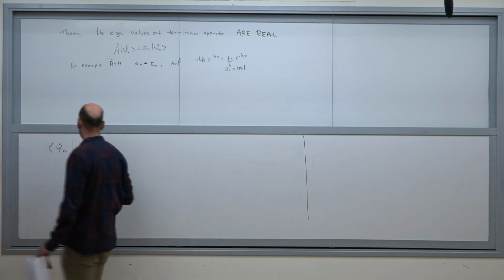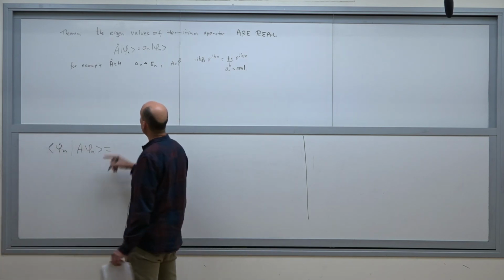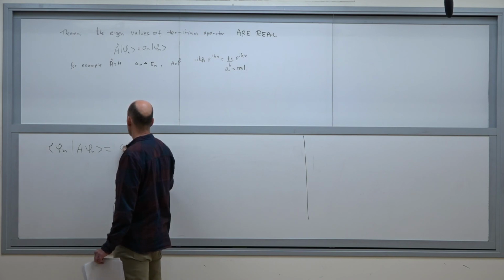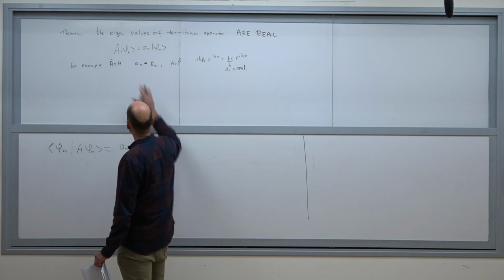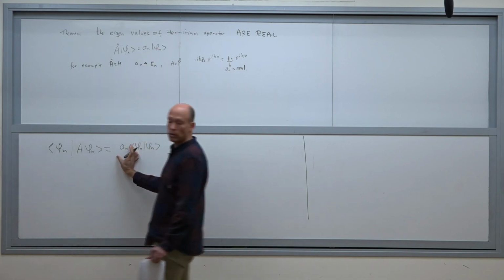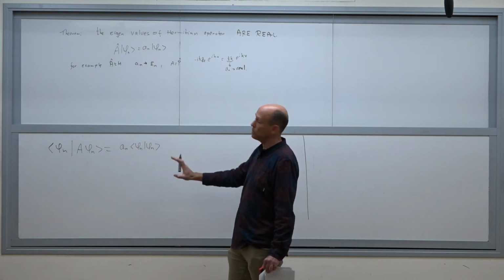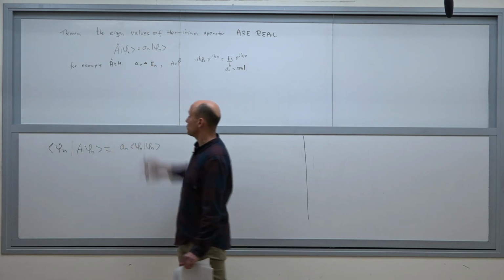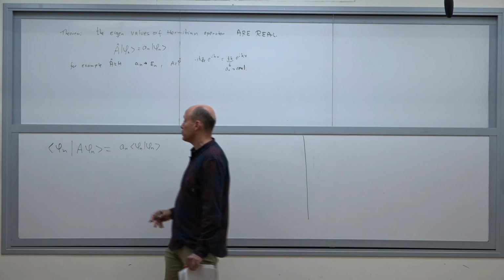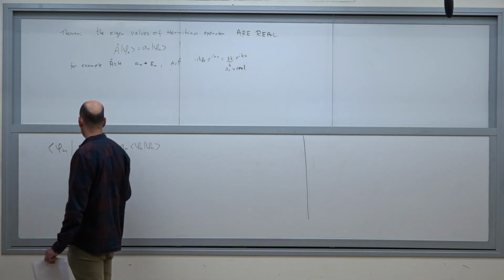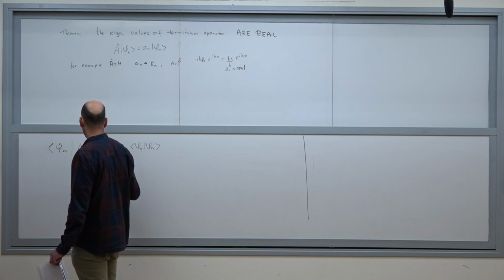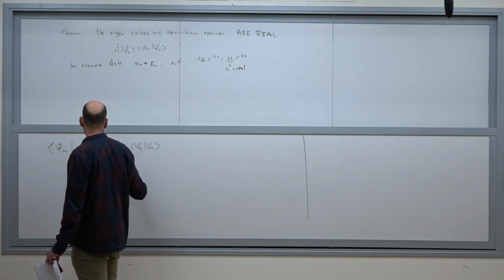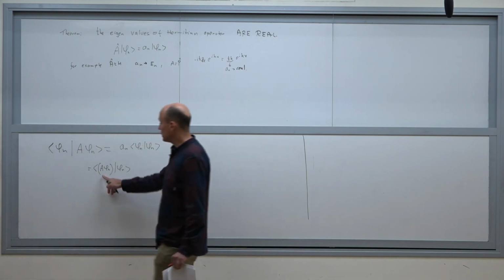What is this guy? Well, A phi n, by definition, this is A n phi n, phi n. I'm not saying now that this is real or not, I'm just saying this is the answer, right? Because A phi n, this is the same thing as what I wrote here. But it is also Hermitian. If it is Hermitian, I can write it also like this: A phi n, phi n. This is because it's Hermitian.